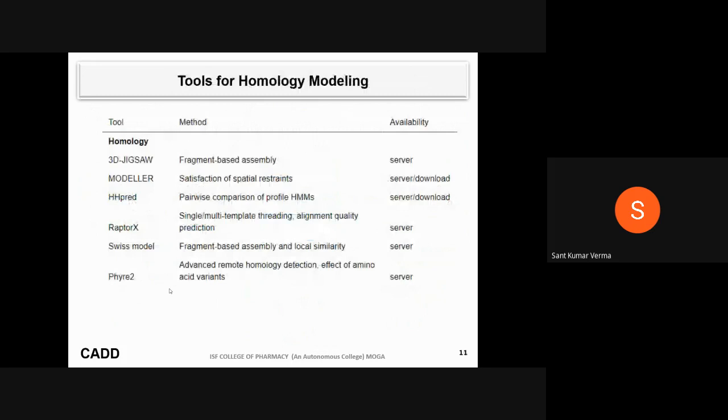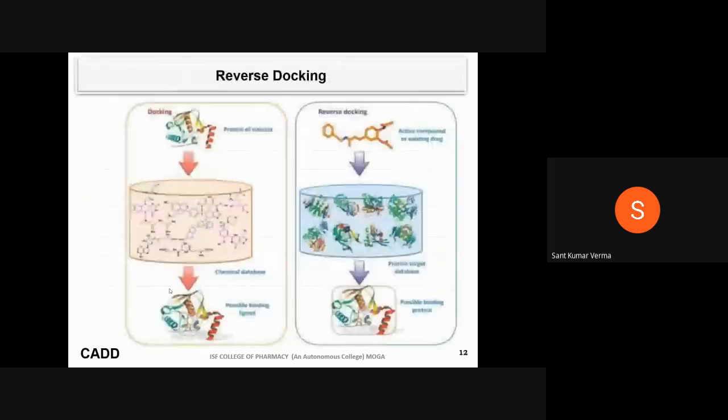Tools for homology modeling include 3D-JIGSAW, fragment-based assembly, which is a server, Modeler, HHpred, RaptorX, Swiss-Model, and Phyre2, which are servers where you can design a protein using the homology method.